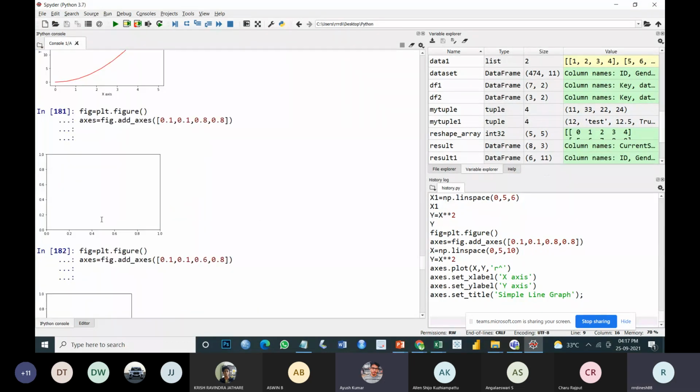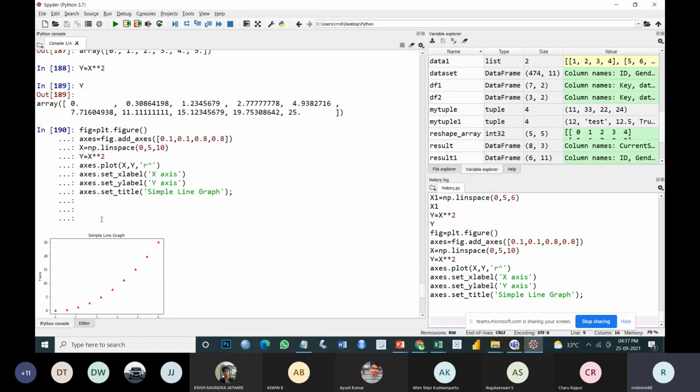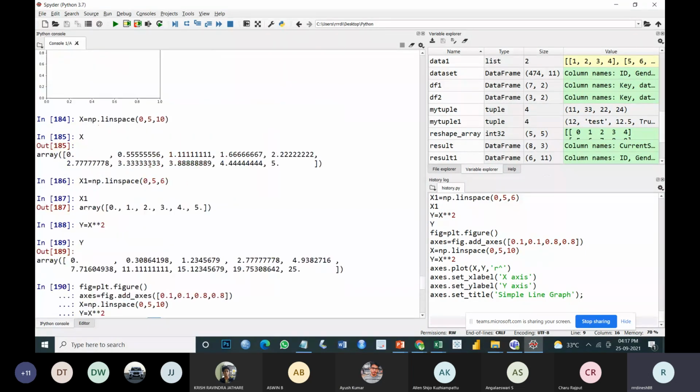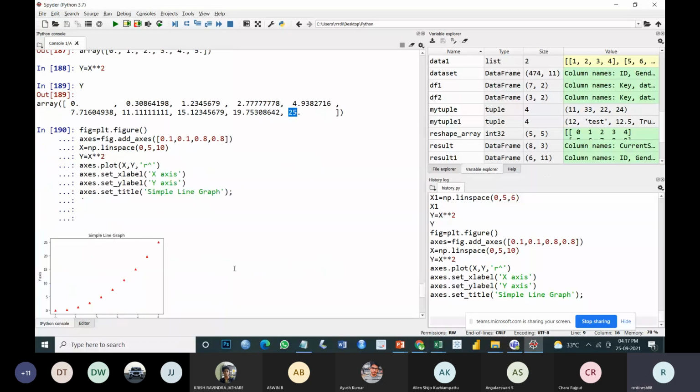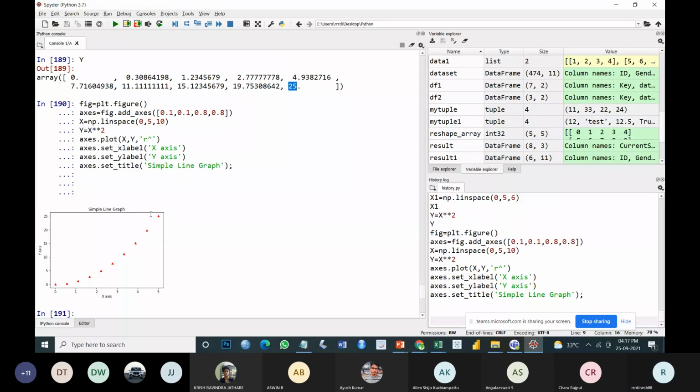So here we used this value as the diamond shape. Here the last value is 5: in the x-axis 5, y-axis 25. So it is 5 and 25. This last one is the triangle shape. Okay, sir, understood. So this is x and y-axis.